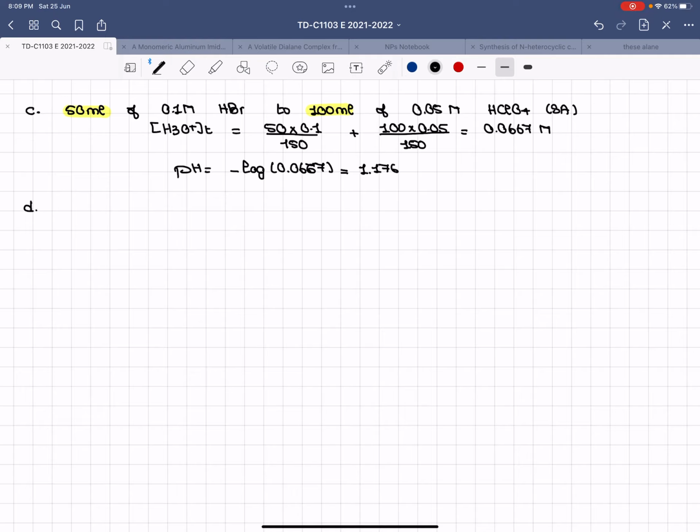Okay, part D, again, same question, 50 ml of 0.1 HBr added to 130 ml of 0.5 potassium nitrate, KNO3.